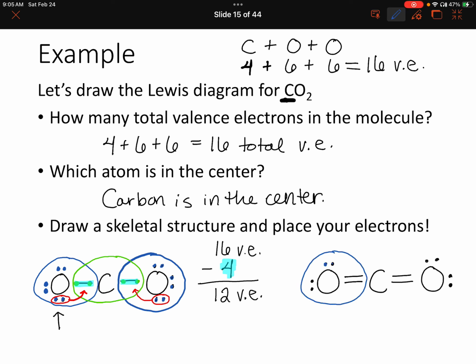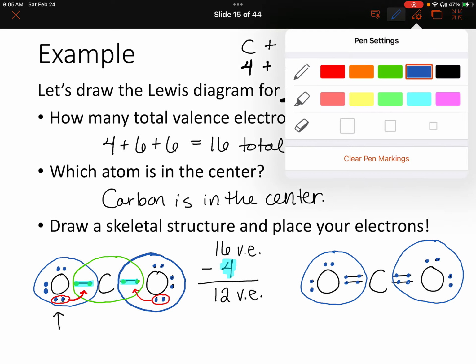So that has 1, 2, 3, 4, 5, 6, 7, 8 valence electrons. Perfect. And we'll do the same for the other oxygen. That one has 1, 2, 3, 4, 5, 6, 7, 8 valence electrons. Great. So those oxygens are happy.